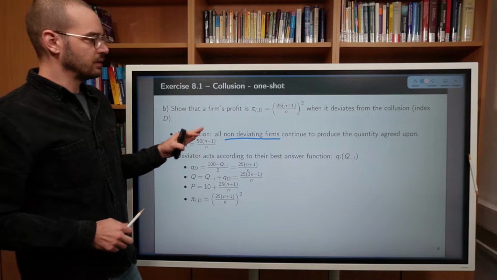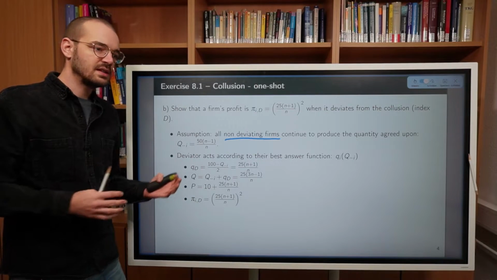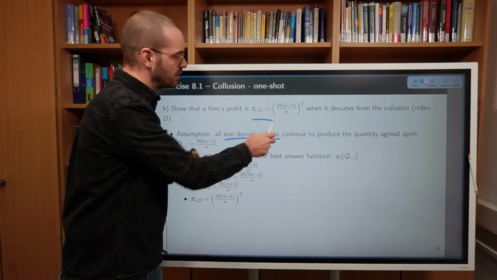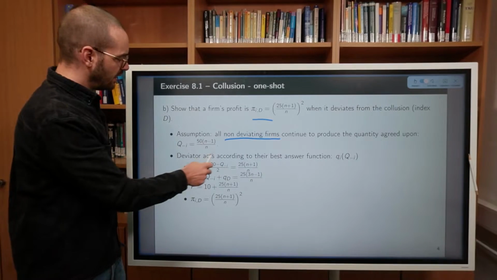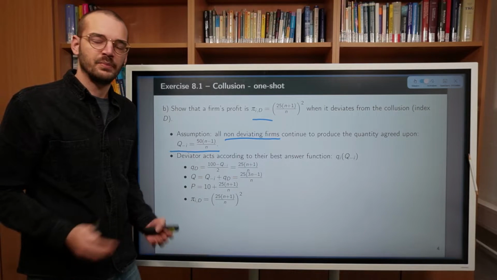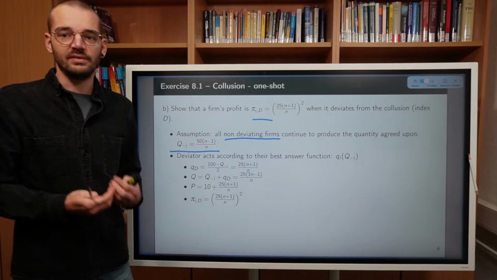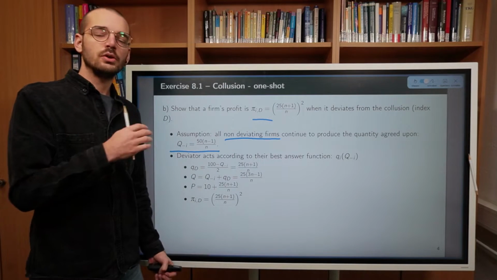So all non-deviating firms continue to produce their share in the monopolist's quantity. So the total quantity of all other firms is not a strategic choice in this moment where there is deviation happening, but rather it is fixed for any given number of firms n, because all other non-deviating firms are, by assumption, sticking to the collusion.